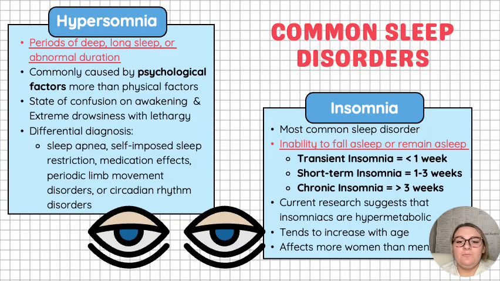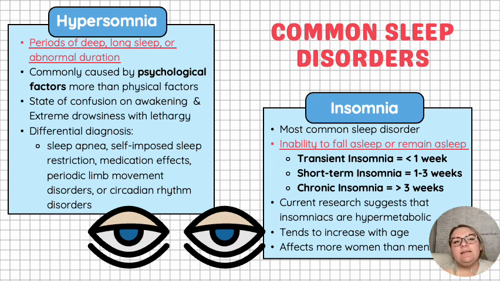So now discussing a couple types of common sleep disorders, starting off with hypersomnia. Hypersomnia is when you have periods of deep sleep for a really long time or an abnormal amount of time. Now, hypersomnia is typically caused by psychological factors more often than physical factors.